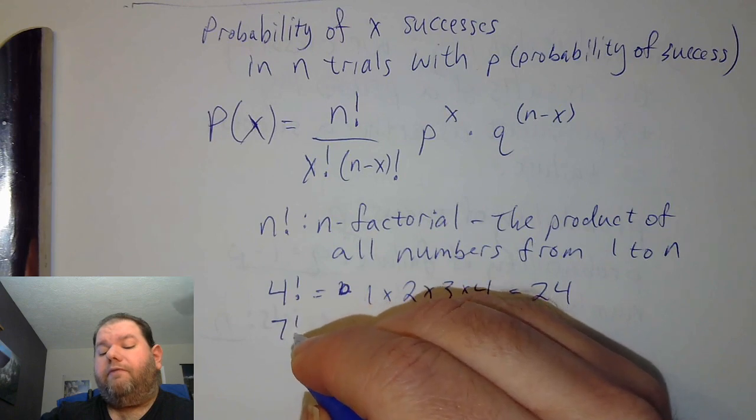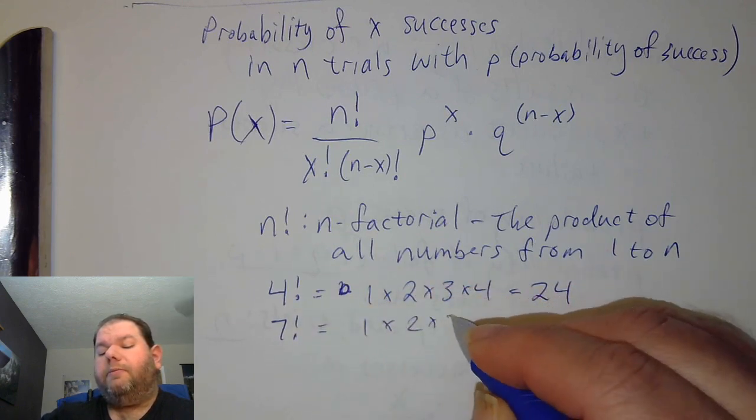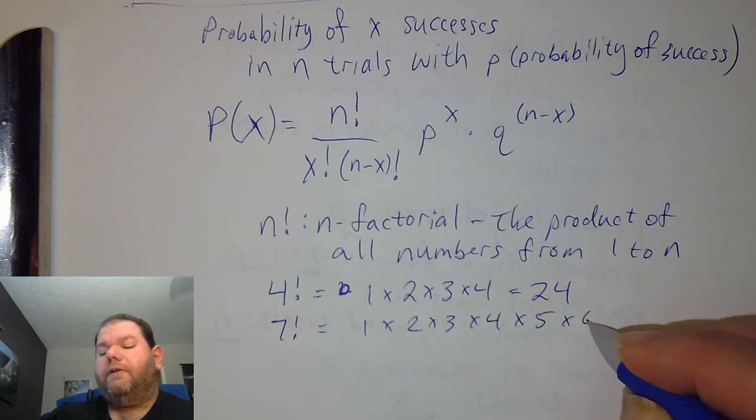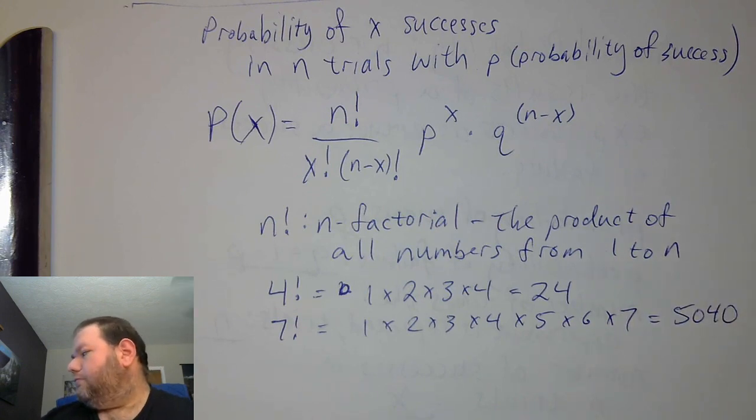And if we wanted 7 factorial, then we do 1 times 2 times 3 times 4 times 5 times 6 times 7, that would be 5,040.